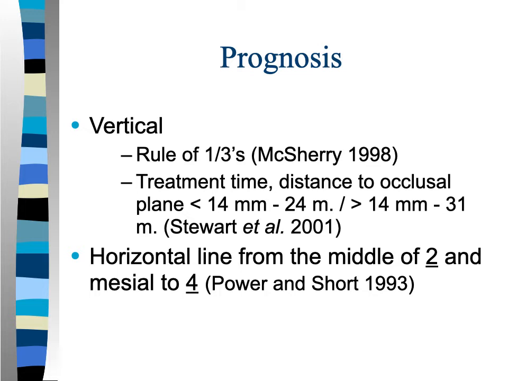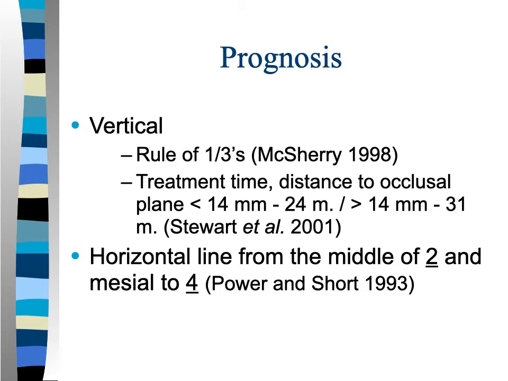If the tip of the canine is in the incisal third of the root, then the prognosis is good. If the tip is in the middle third, the prognosis is fair. And if the tip is in the apical third or above, then the prognosis is poor.